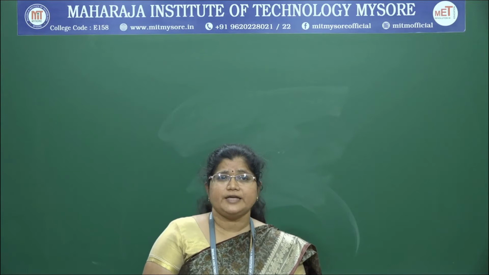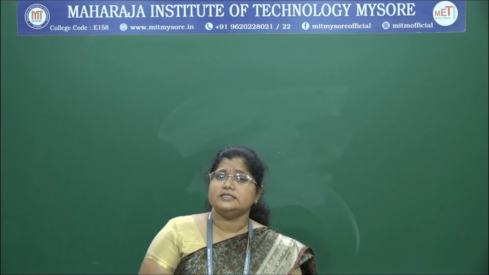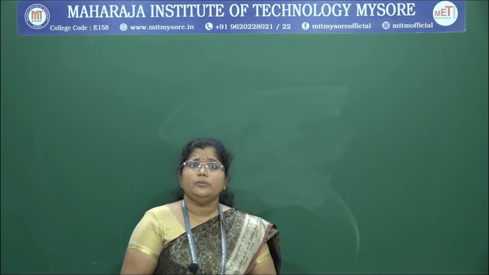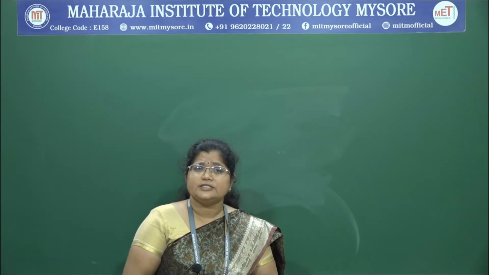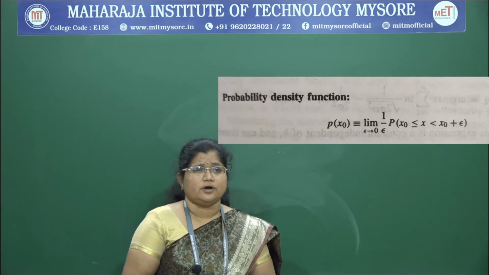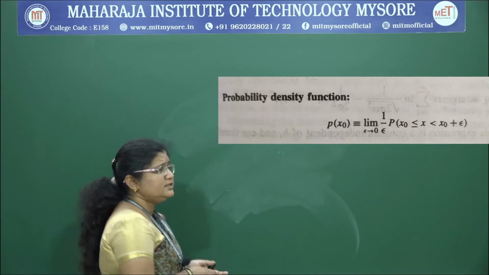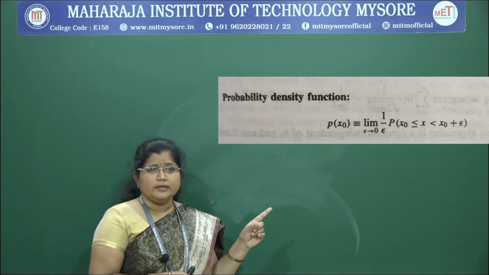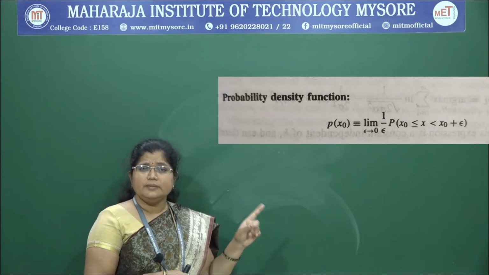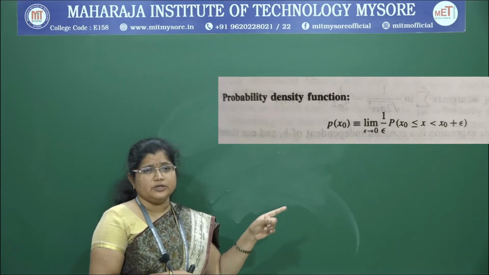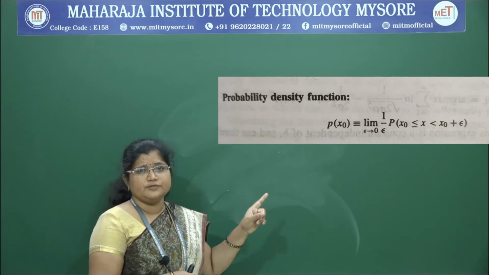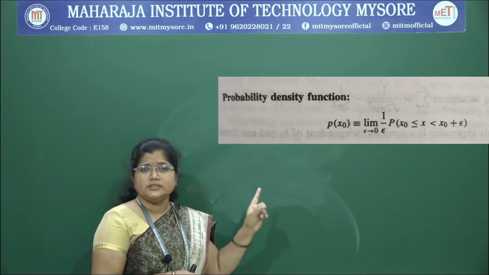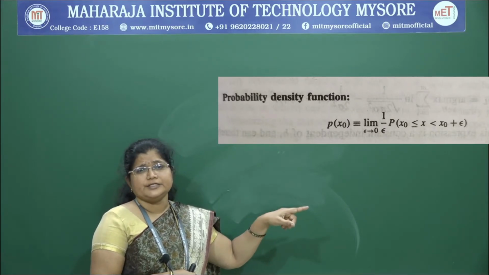The probability density p of x naught is the limit as epsilon goes to 0, where x varies in the interval from x naught to x naught plus epsilon. This is the probability density function: p of x naught is the limit as epsilon goes to 0 of 1 by epsilon times the probability that x lies between x naught and x naught plus epsilon.